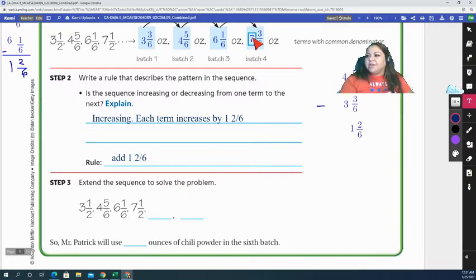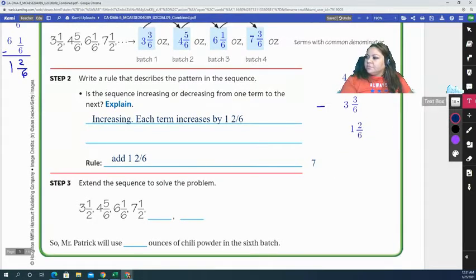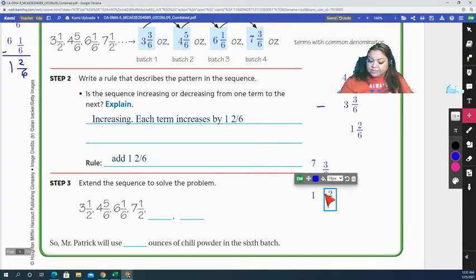So we know that our last batch, batch 4, was 7 and 3/6. So what we're going to do now is add 1, because that's a rule, and 2/6.